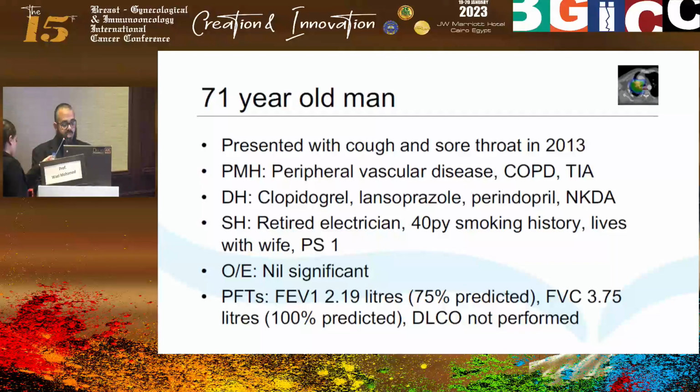He is on clopidogrel, lansoprazole and perindopril. He is a retired electrician with a 40 pack year smoking history, and he lives with his wife. Performance status of 1, and he doesn't have other significant medical history. His FEV1 is 2.19 and FVC is 3.75.